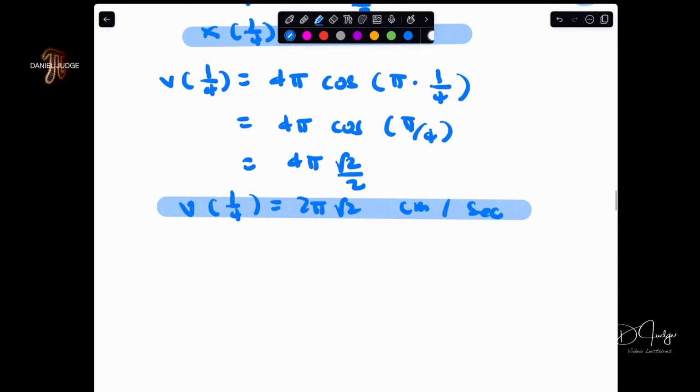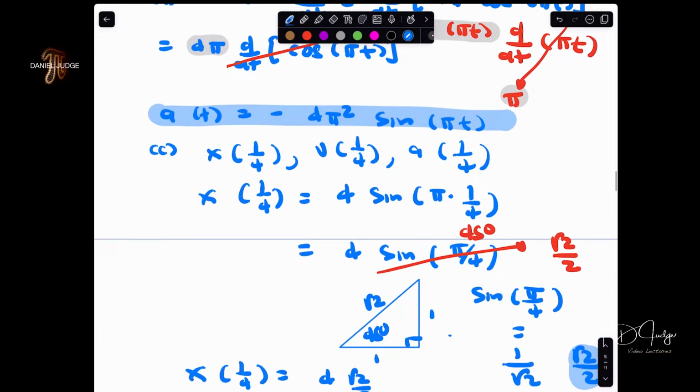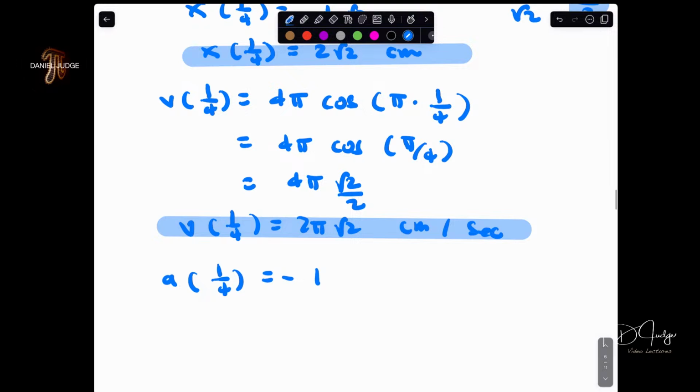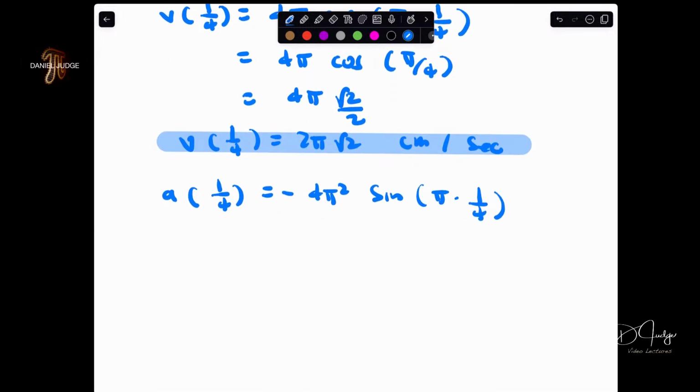Okay. Acceleration. Acceleration at 1/4. Acceleration is negative 4 pi squared sine pi t. So negative 4 pi squared sine pi times 1/4. 1/4 pi, 45 degrees, square root of 2 over 2.